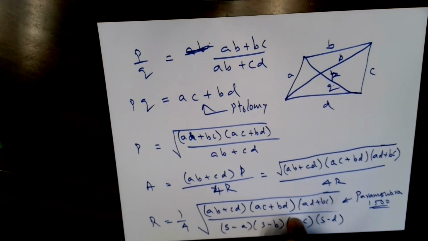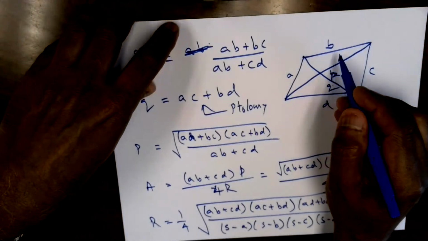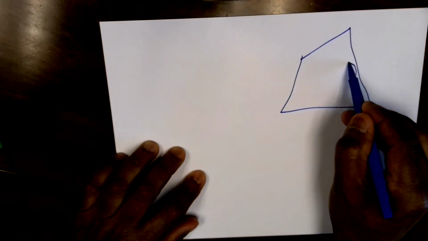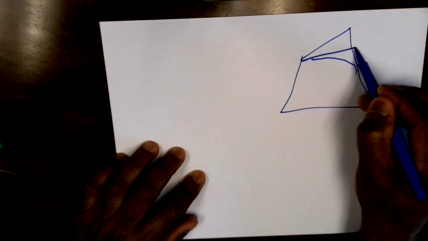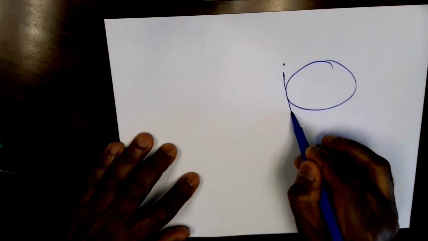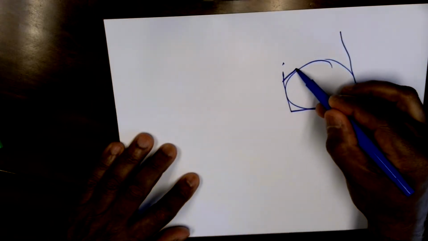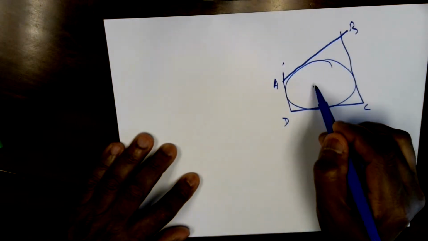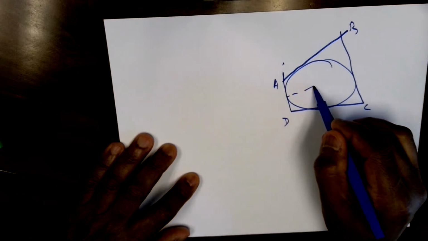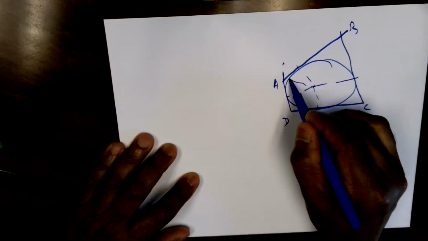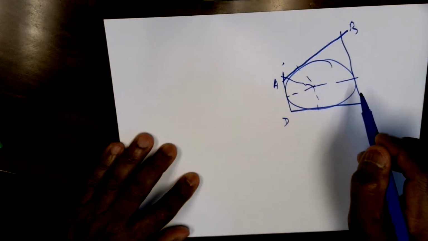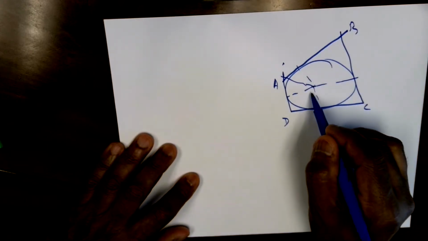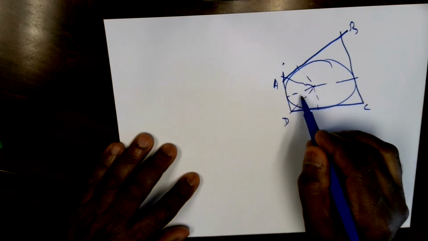Incircle is even easier because you can see if an incircle is possible. So you have a quadrilateral, and if an incircle is there, then these are tangents, and you can see that this is 90 degrees.